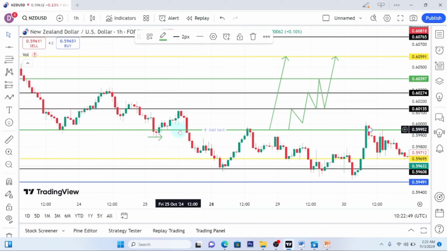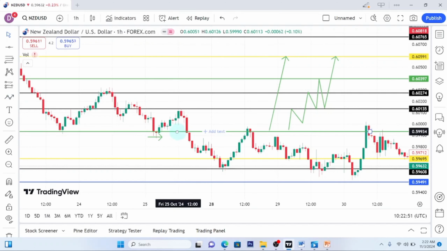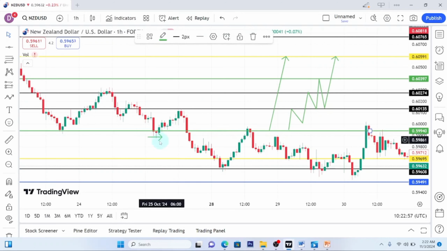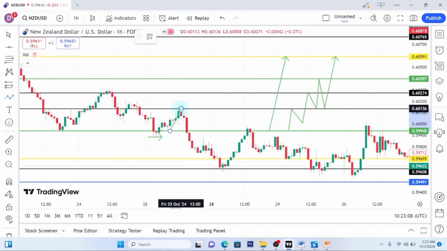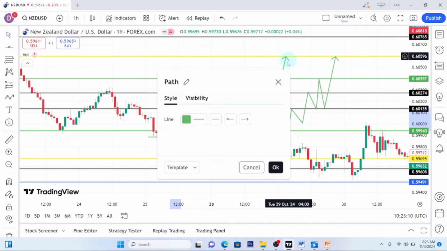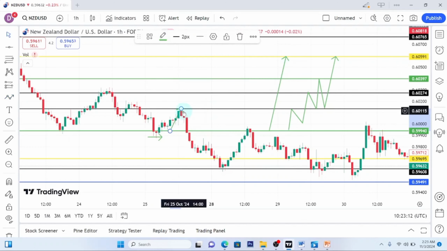Maybe you take your trade from this line, from this resistance point here. Whenever you take your trade from a support zone, it's good to have your stop loss below the support, something like this. All right. Then you know that the trade is going to move from here to here. Then you can take your profit from here if you're afraid that they're going to knock you out.